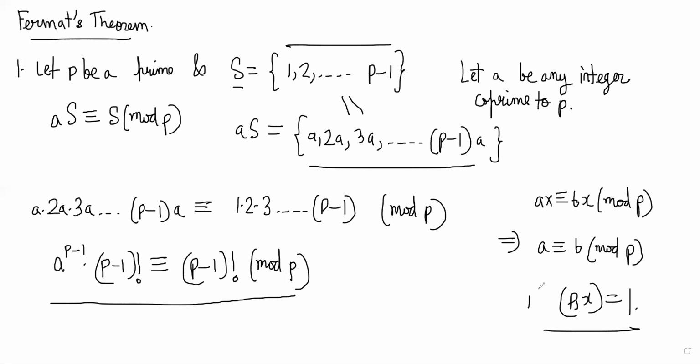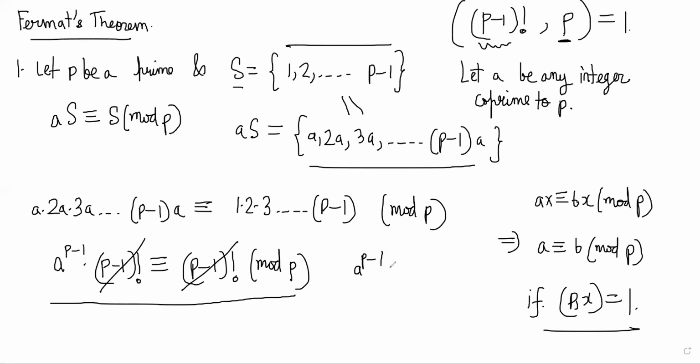So we know that P minus 1 factorial and P have no common factors, because P is a prime and this has all the numbers smaller than P. So we can divide and remove this, and we get A power P minus 1 is congruent to 1 mod P, right?